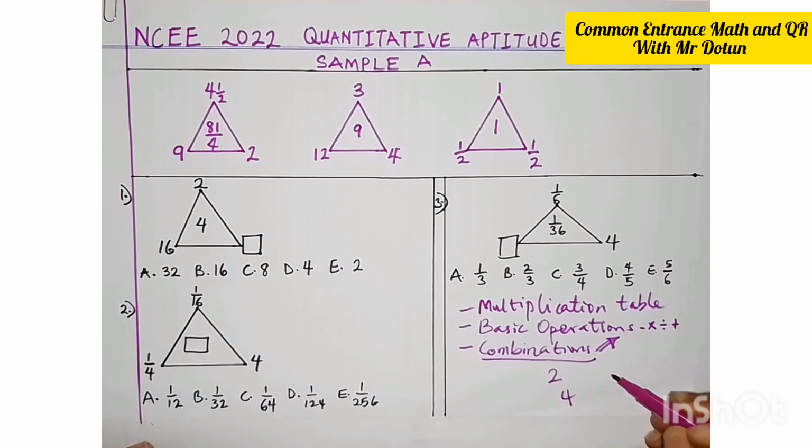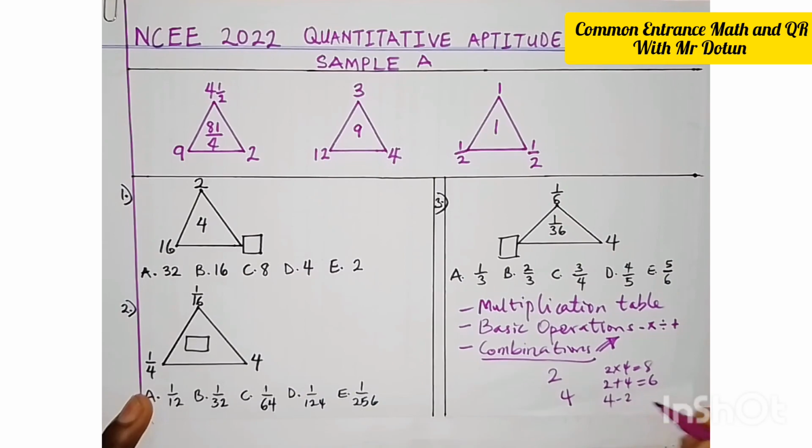The first one could be 2 times 4, so you're looking out for 8. The next could be 2 plus 4, so you're looking out for 6. It could be 4 minus 2, so you're looking out for 2. You're looking out for these combinations when you work.